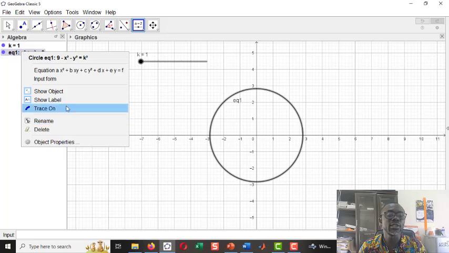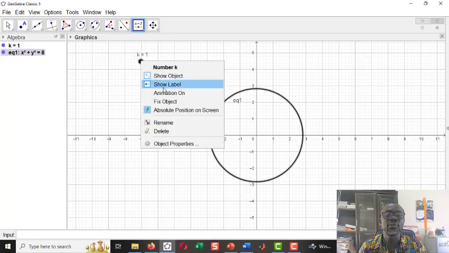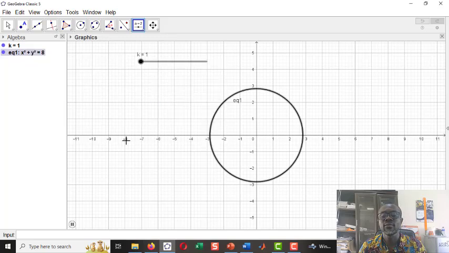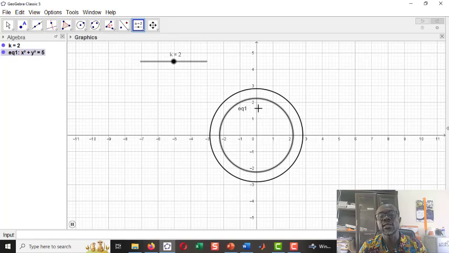So let me trace this one and then animate it. You can see that as k changes, we have the various animation changes. So that is the level curve for this, because it's a circle of varying radius.